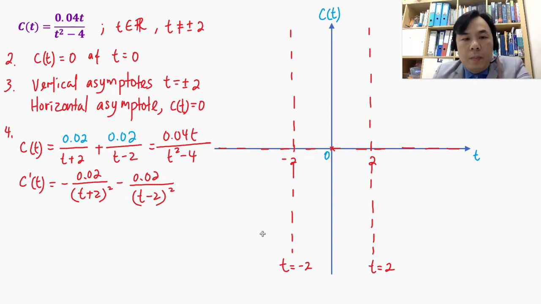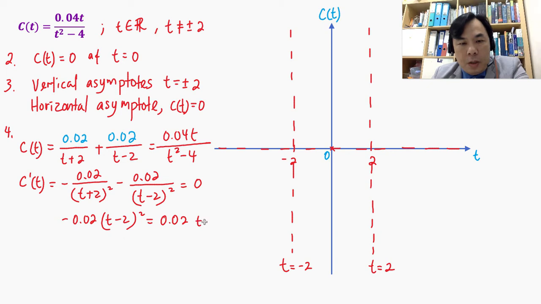Here, right? Now the same thing, we are going to equate this equal to 0 in order to locate the stationary point if we have any. So from here, we will get 0.02 (t minus 2) squared is equal to 0.02 (t plus 2) squared.